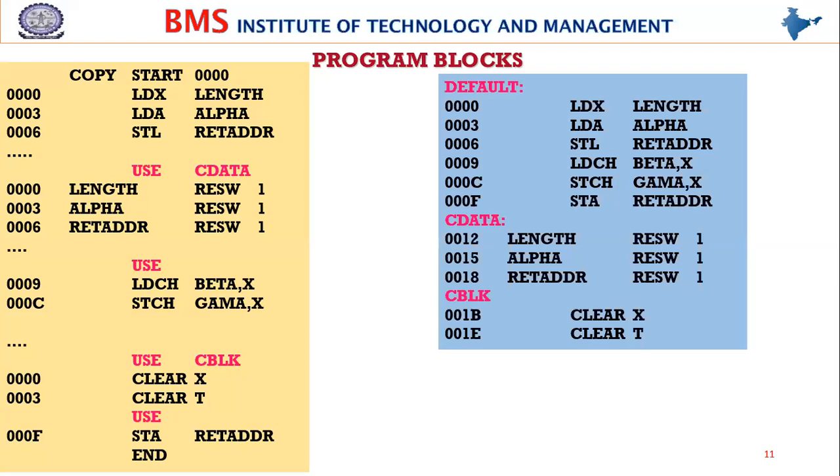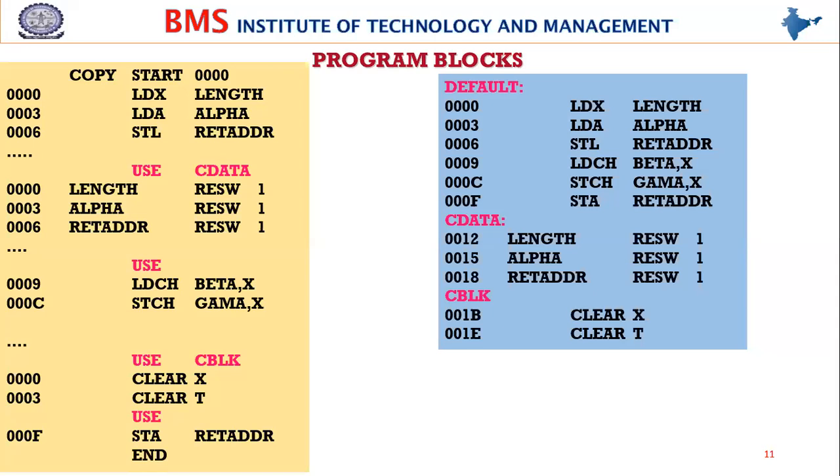That is the outcome after the first pass of your assembler. In the first pass, it has accumulated the three parts of your default block, that is, three instructions starting from LDX, two instructions starting from LDCH, and one instruction STA. All these are put together in a continuous address. We can see that the default block starts from 0000 and ends at 000F.